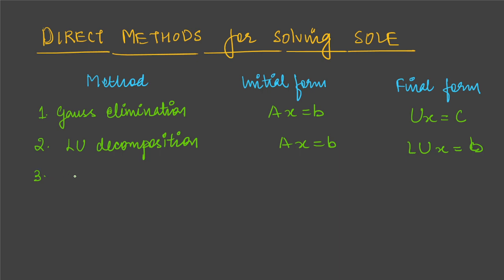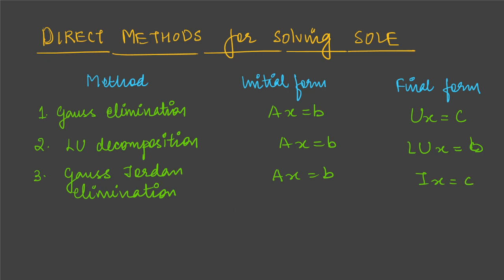And the third one is Gauss-Jordan elimination. And again, Ax equals B, and we convert it into the form Ix equals C.